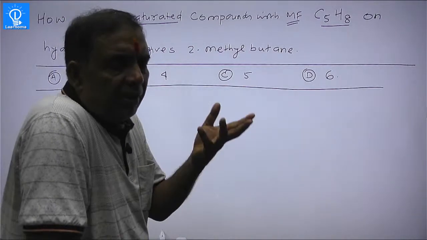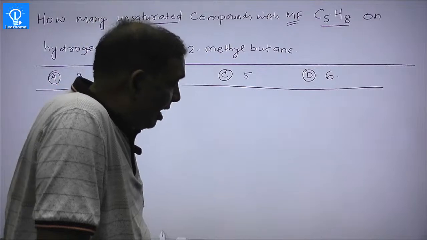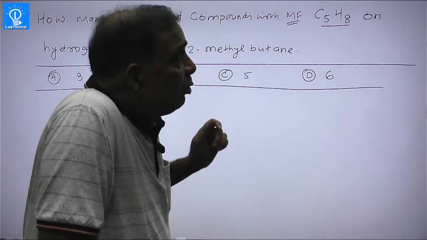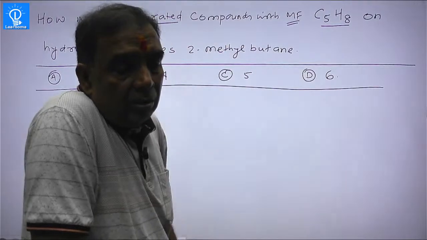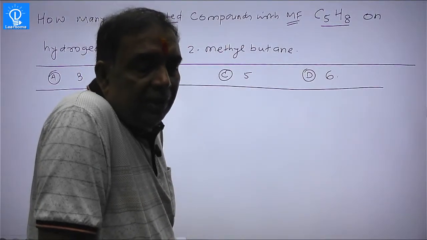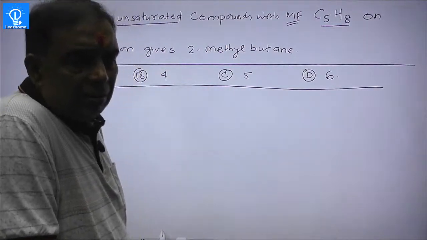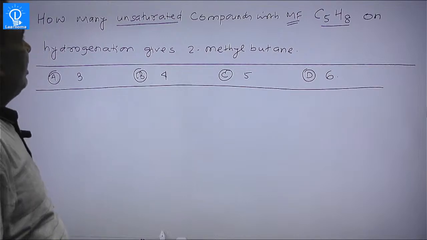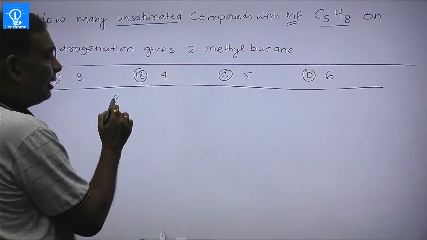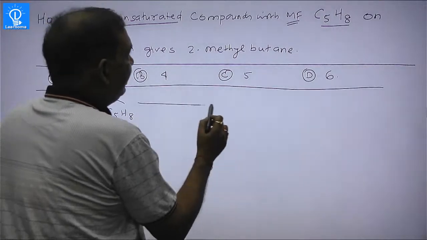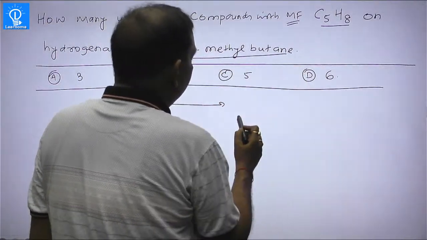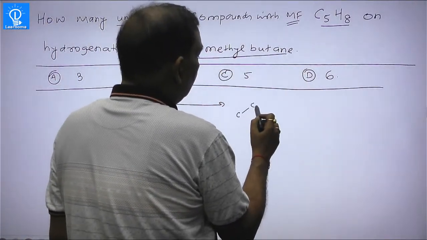That is the beauty of organic chemistry. If you are not the master of problem solving, every question is likely to go wrong. But it is not so. It is very simple. See, the reactant is C5H8. Product is 2-methylbutane. Just write the structure of 2-methylbutane: 1, 2, 3, 4.